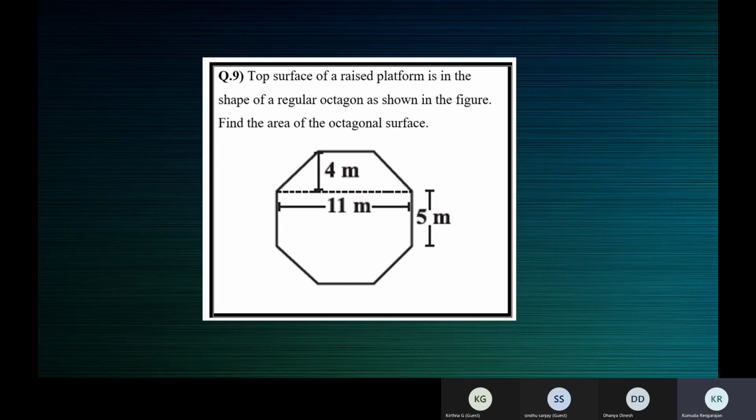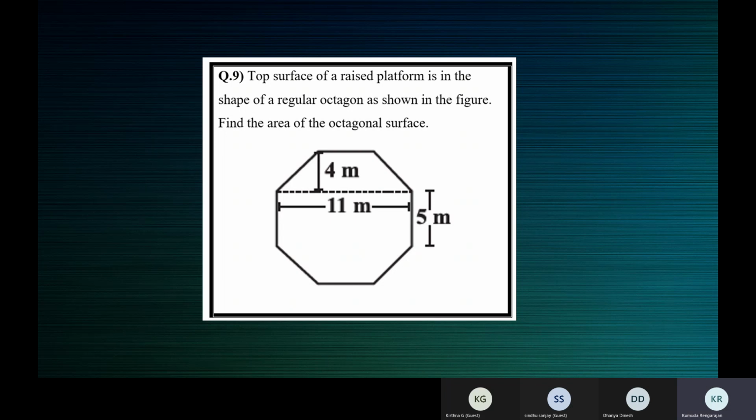The top surface of a raised platform. It could be a tabletop. So the top surface of a raised platform is in the shape of a regular octagon. An octagon is an eight-sided polygon.